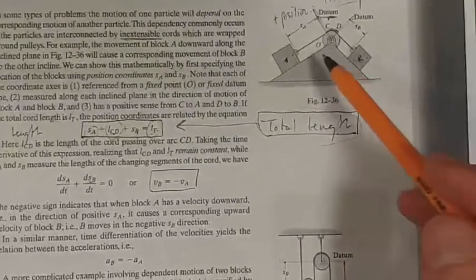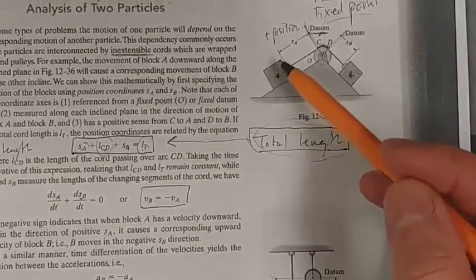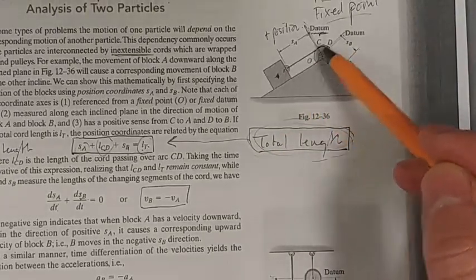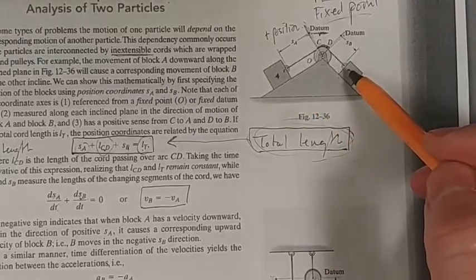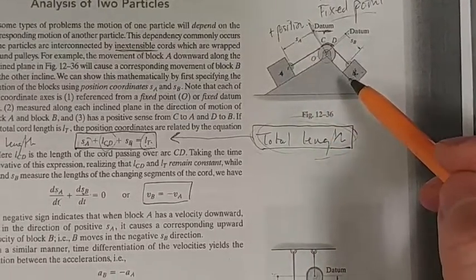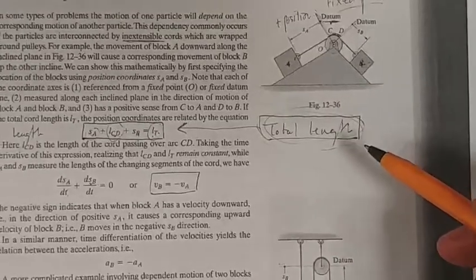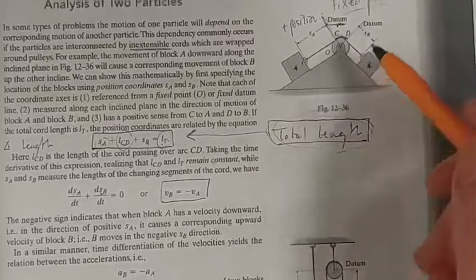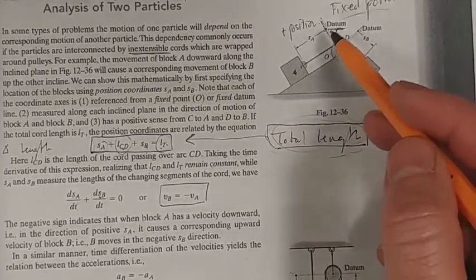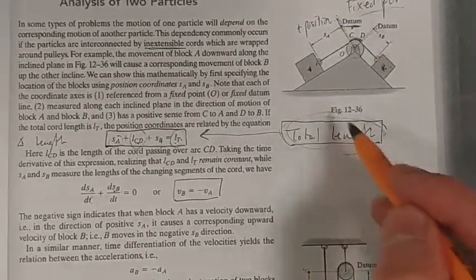The initial goal is to find the total length of the cord that's connecting their motions, okay? Which is really the same thing. The first thing we needed to do was get a fixed reference frame, determine our positions, and then calculate our total length.